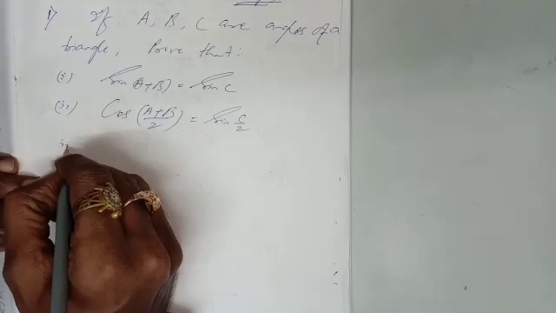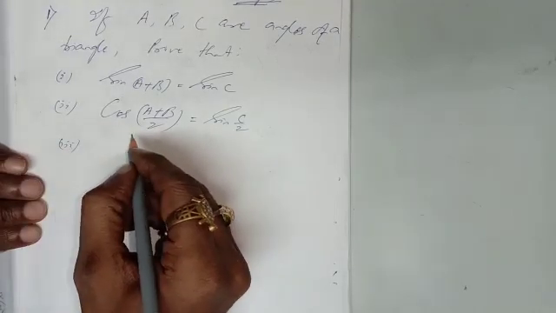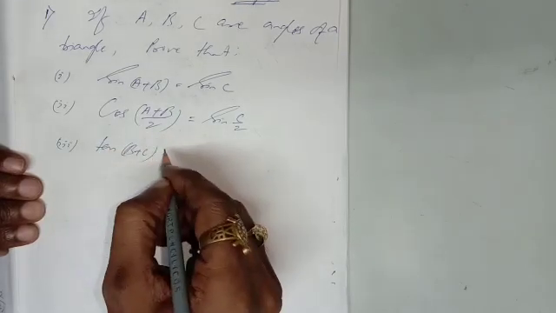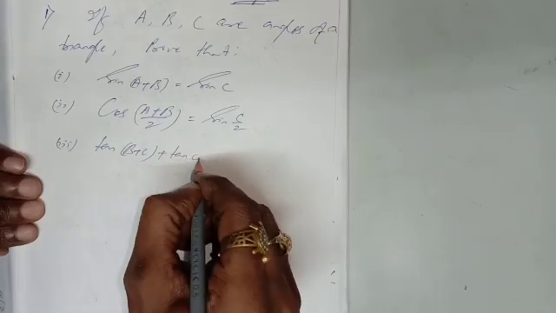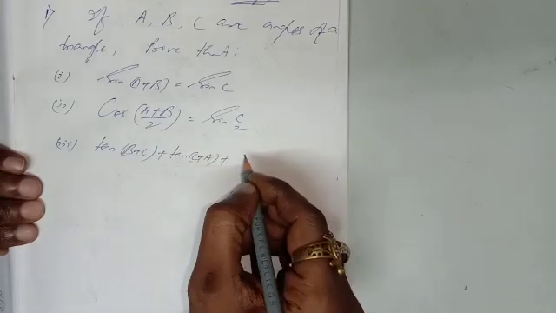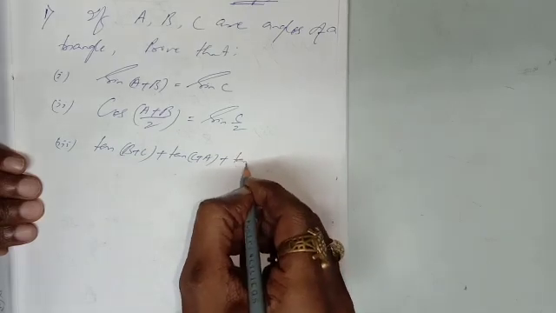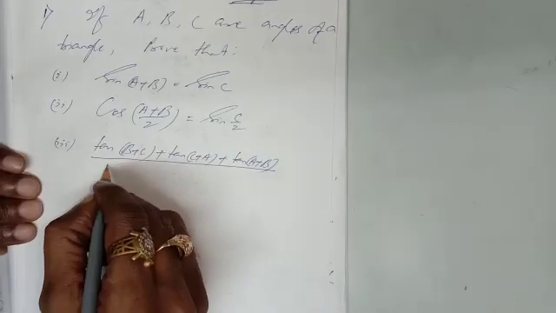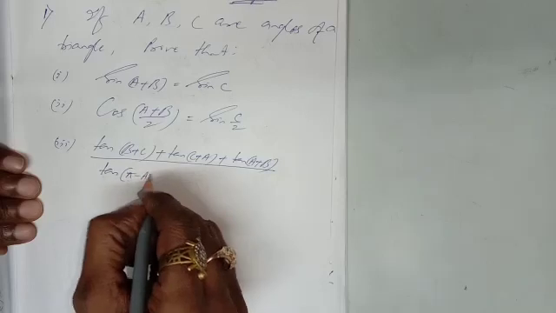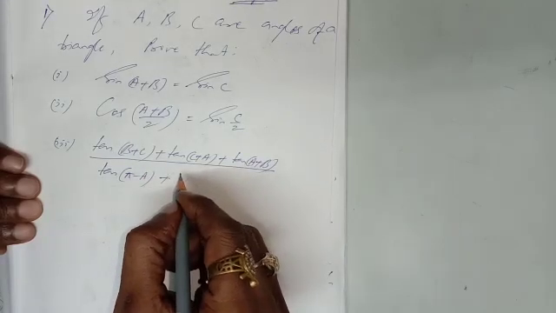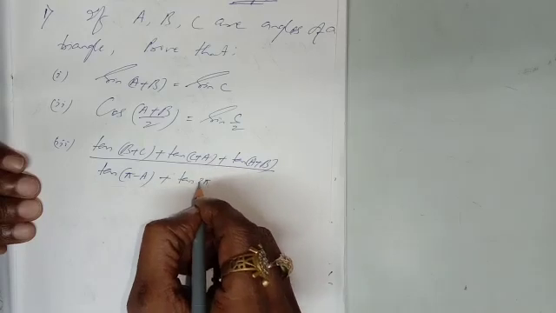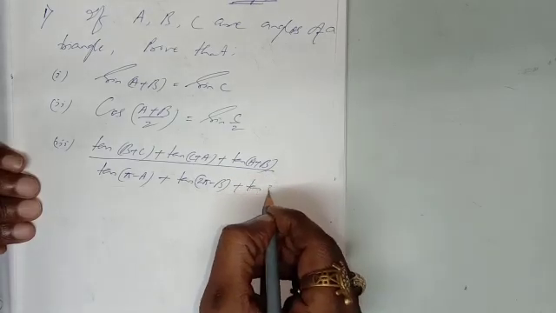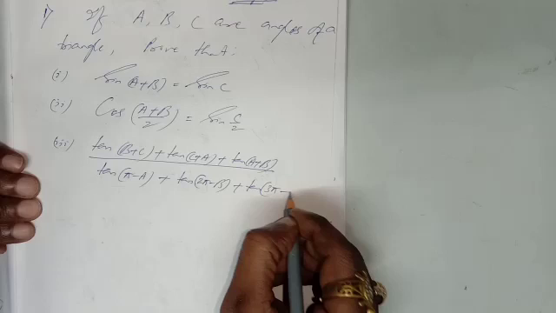And the third part question given: (tan(B + C) + tan(C + A) + tan(A + B)) whole divided by (tan(pi - A) + tan(2 pi - B) + tan(3 pi - A)) is equal to 1.